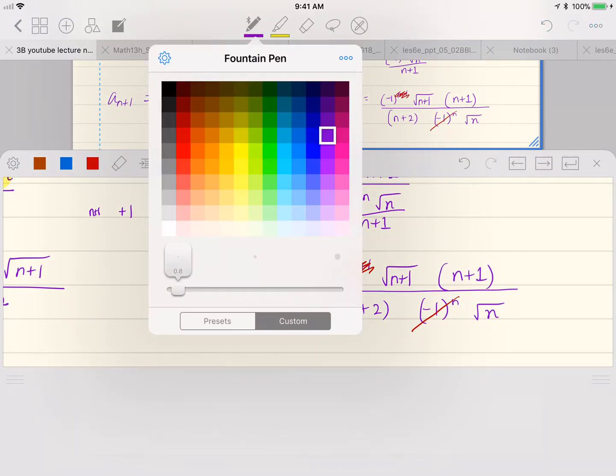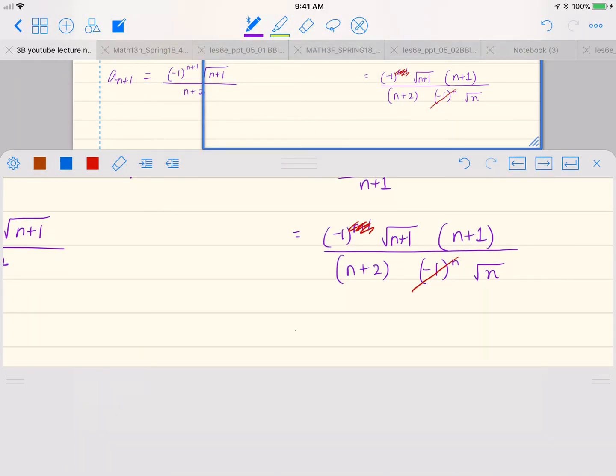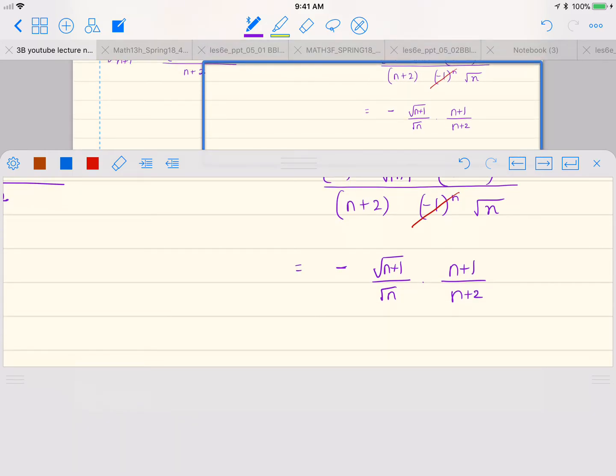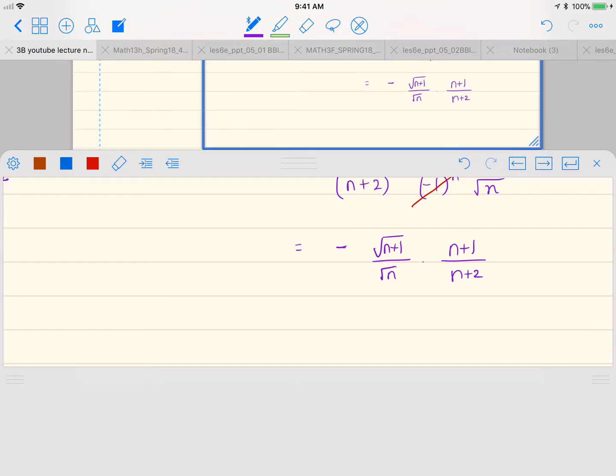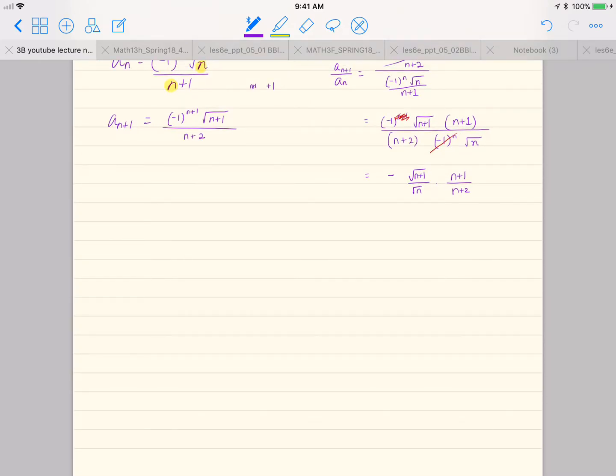And now, if we rewrite this, we'll just have negative the square root of n plus 1 over the square root of n times n plus 1 over n plus 2. Okay? So L is equal to the limit as n goes to infinity of the absolute value of a sub n plus 1 over a sub n.